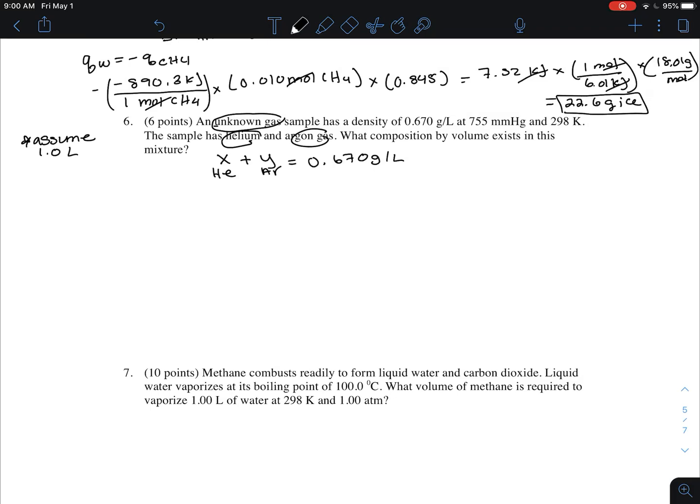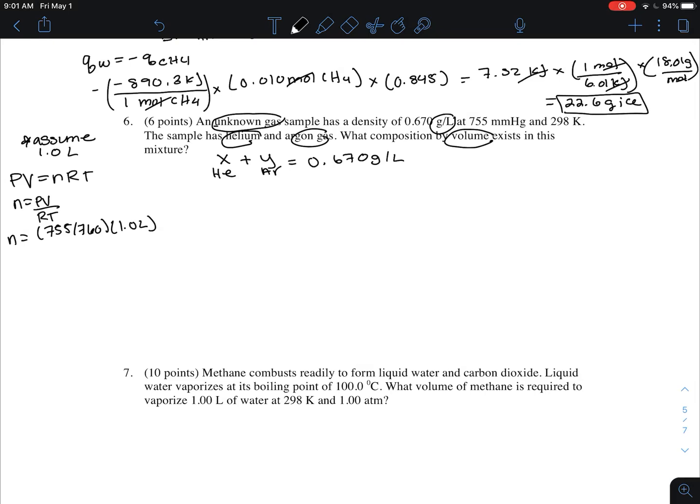So then I can use my pressure and volume and density to actually solve for my moles of gas. Because I want composition by volume, I need to isolate for the volume of each. I can do that using the density and the molar mass. So I have to isolate first for how many moles are in my total solution.